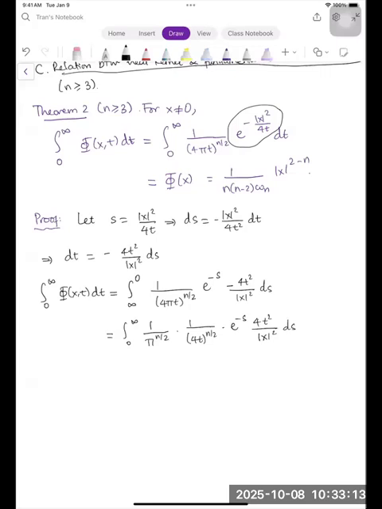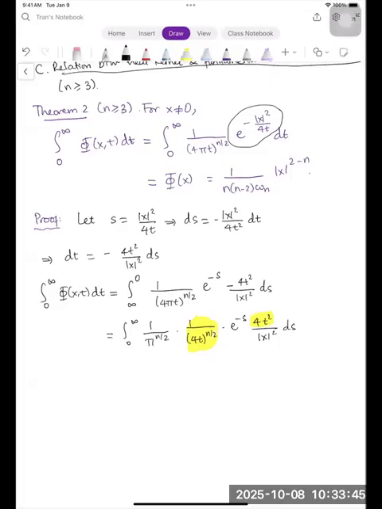Again, for this term and 4t squared, I'm still going to change it to s, because I have to change the variable to s. So I want to be careful here by changing all of the variables to s.